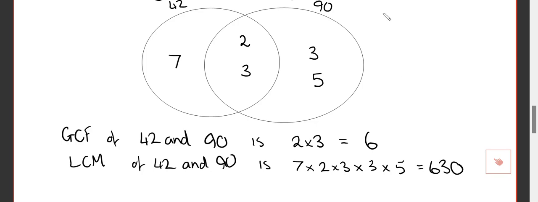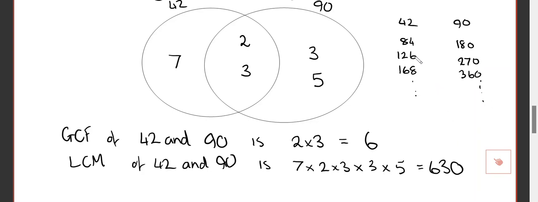So if I were to write the multiples of 42 and 90 in a list, it'd be 42, then it would be 84, then it would be 126, then it would be 168, and so on. 90 would be 90, 180, 270, 360, and so on.